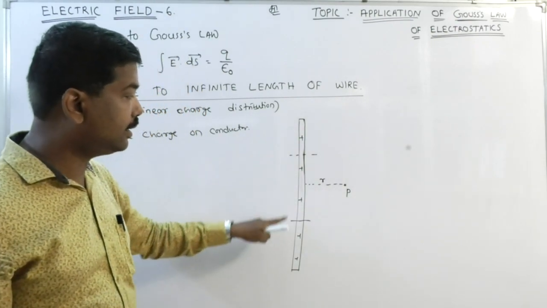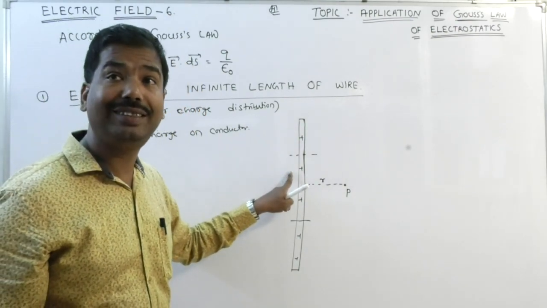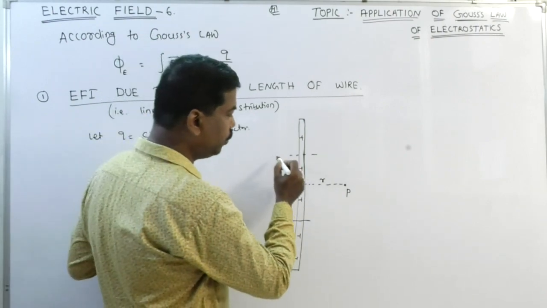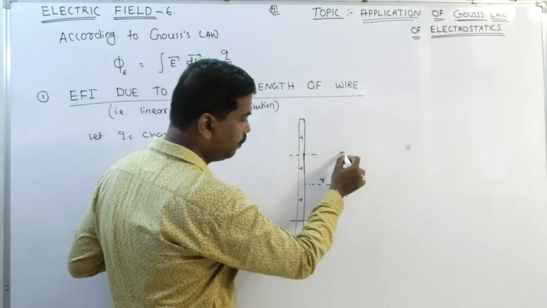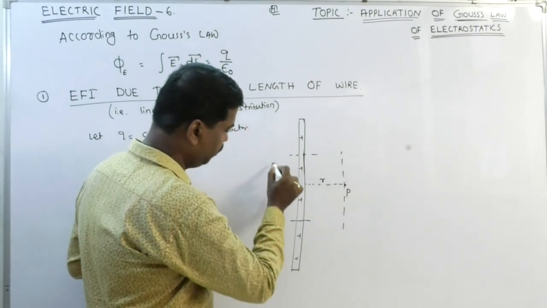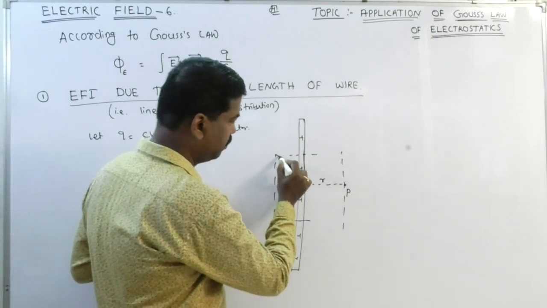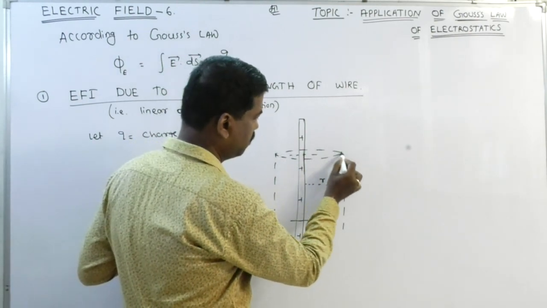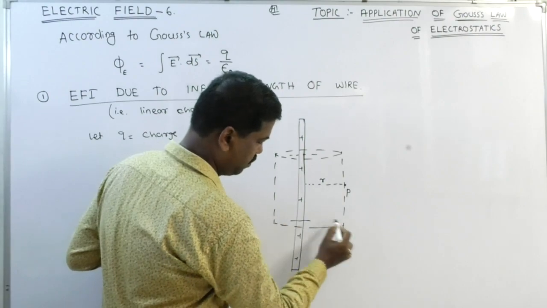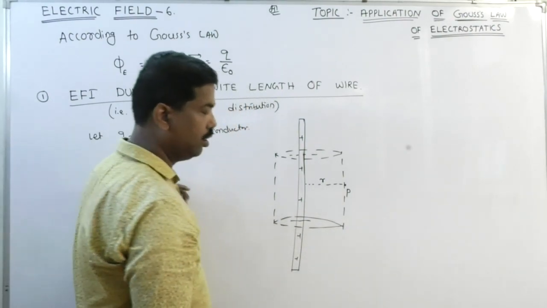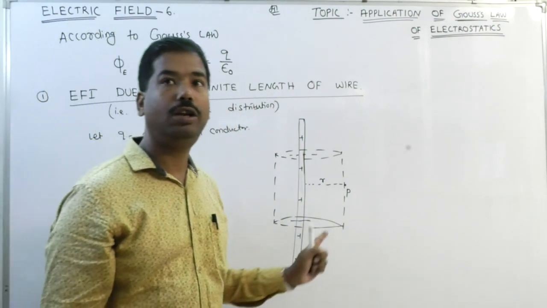This is the charged conductor and I have to assume a positive charge in it, and if it is so, the Gaussian surface will be of a cylindrical shape. Clear?